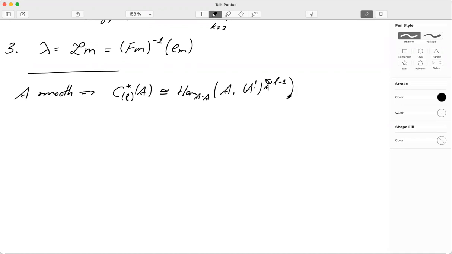So if you only care about things up to quasi-equivalence, and your thing is smooth, then all these groups are the same, right?